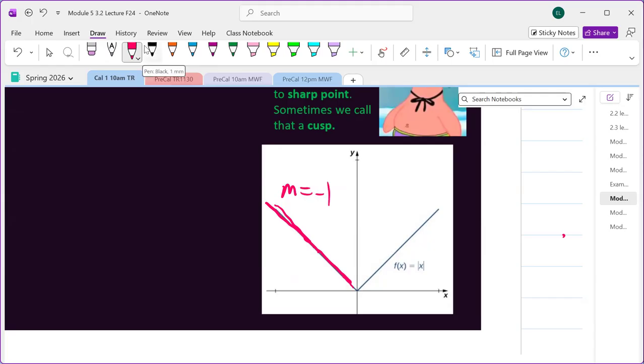Everything on that side of 0, the slope of the tangent line is that line on the graph. The slope everywhere there is -1. And then on the reverse side, anywhere I pick a point and say, what's the slope of the tangent line? That's just the slope of that line. The slope on this side is +1.